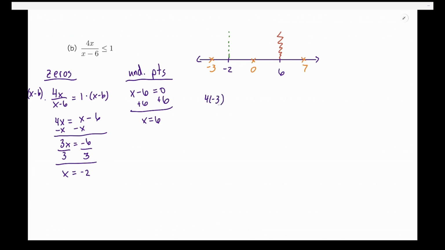4 times -3 all over negative 3 minus 6, which is 4/3. Is that less than or equal to 1? That's false. 4 times 0 over 0 minus 6, that is equal to negative 2/3.